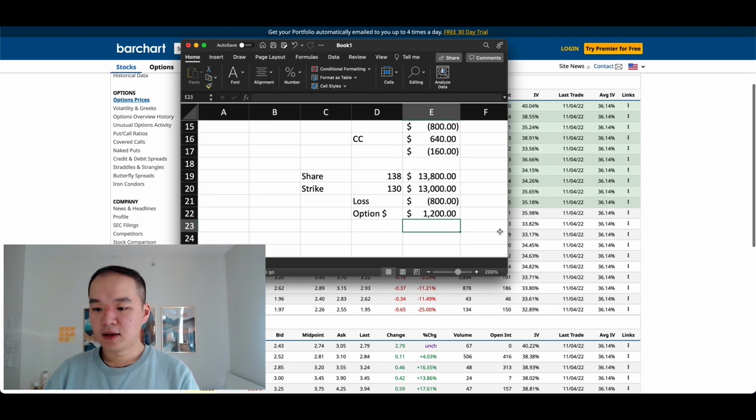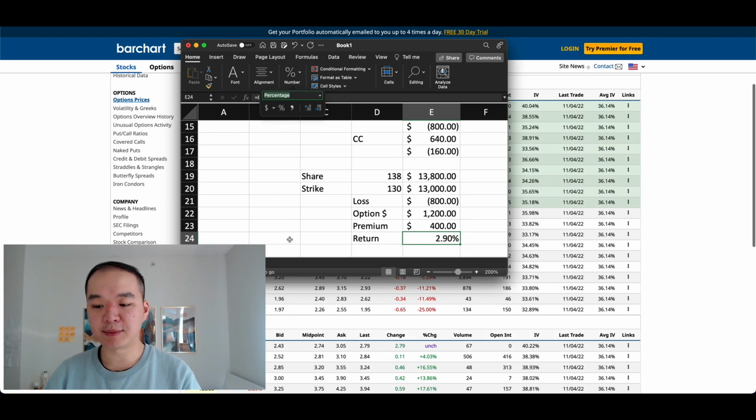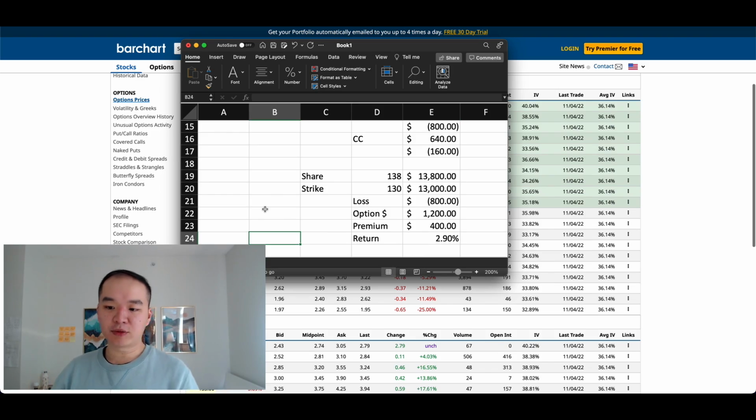Okay. And the premium you get for selling a covered call with a strike that is lower is $400. And the capital you use is $13,800. So then your return is 2.8%, rounded up to 2.9%. So this is still pretty attractive.